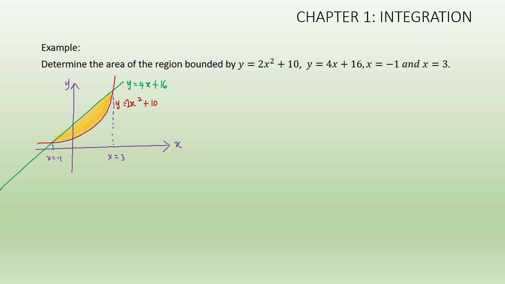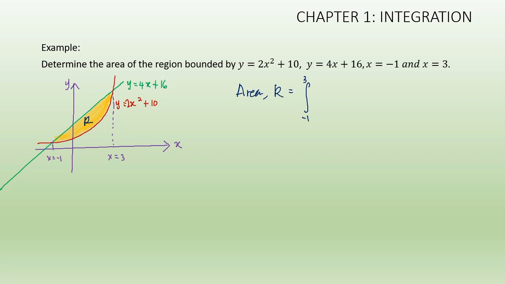From the graph we can see that this is the bounded region. So the area of the bounded region is given by the integration from -1 to 3.